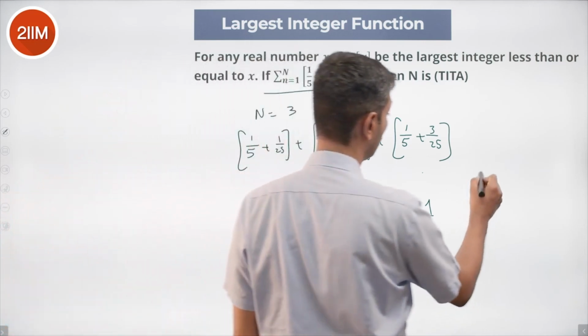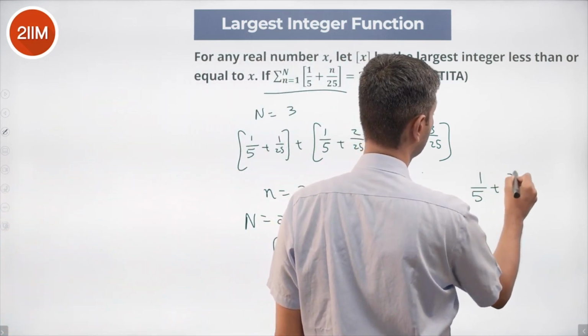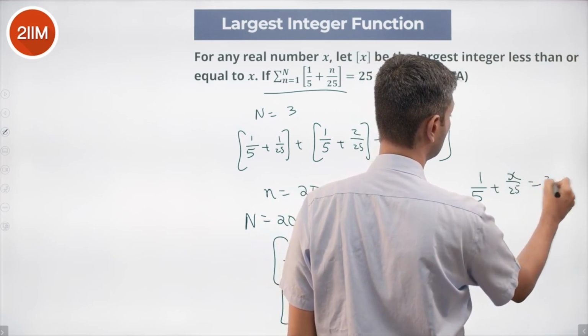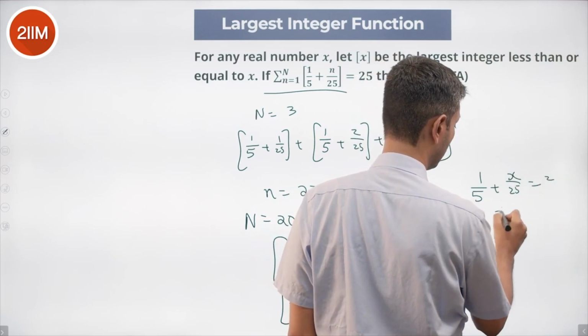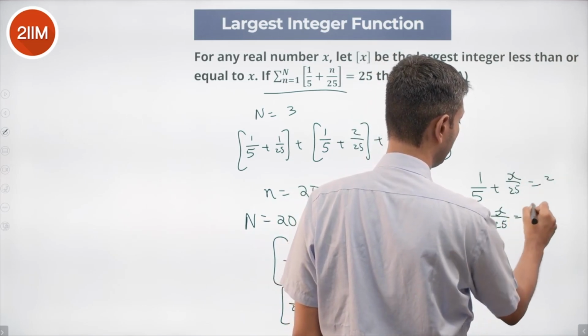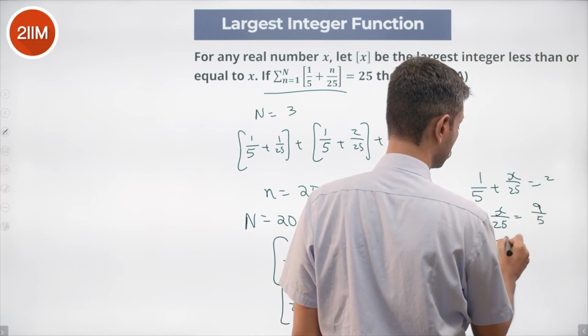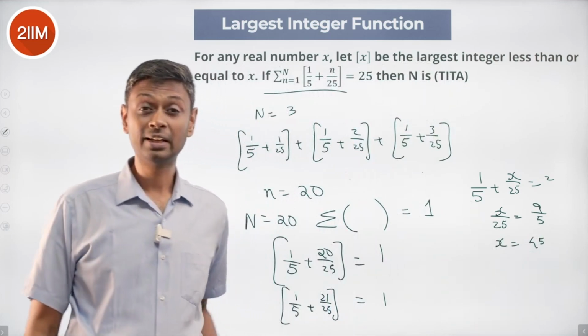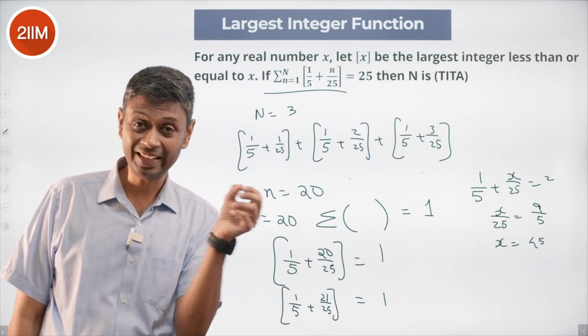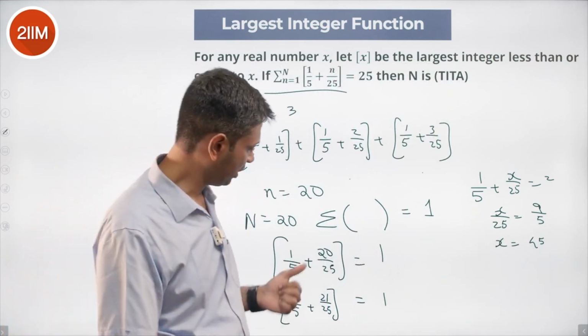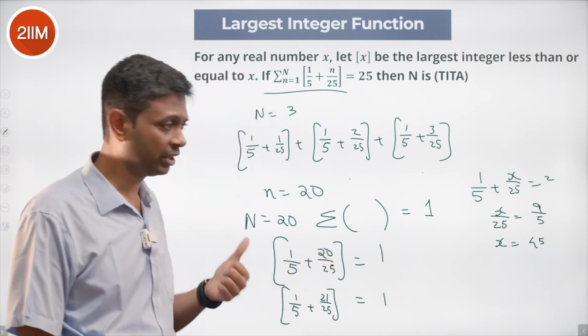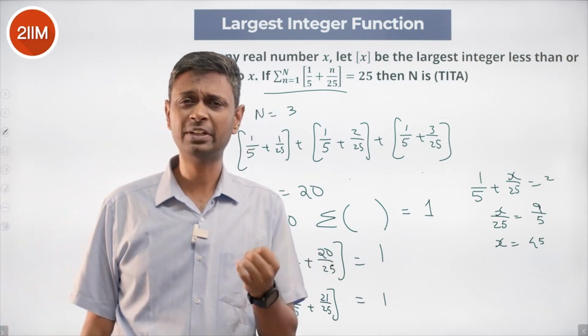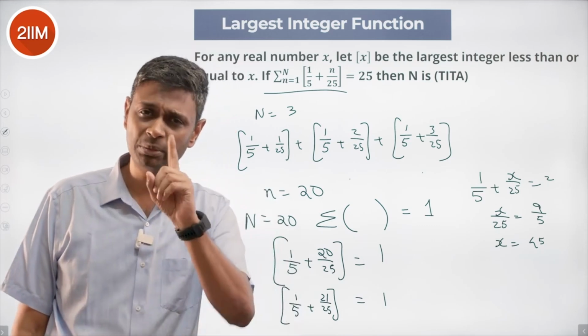So I'm going to solve for 1 by 5 plus x by 25 equal to 2. X by 25 should be 9 by 5. X should be 45. When x goes to 45, it will become 2. Till then, it will be 1. I put 20, 21, 22, 23, 24, 25, 26, 27, till 44 will be 1.